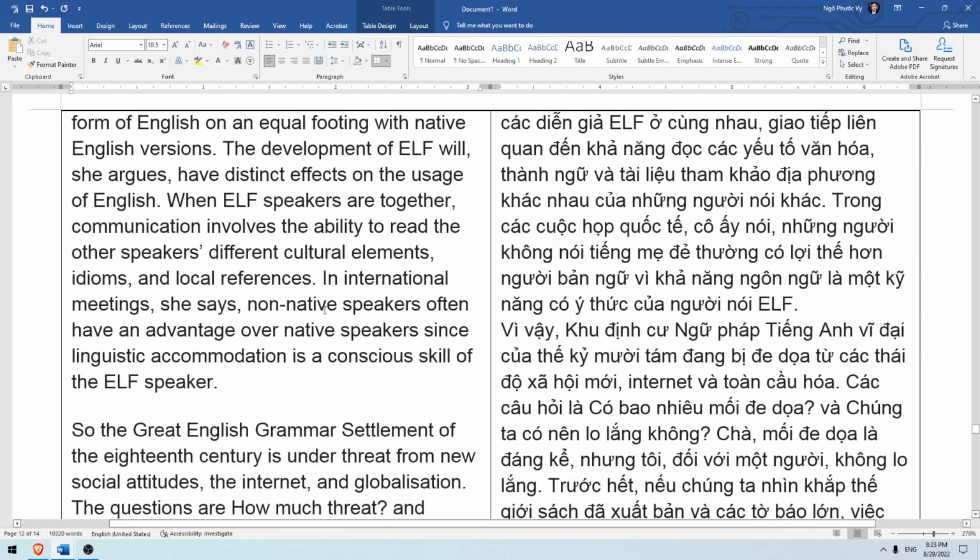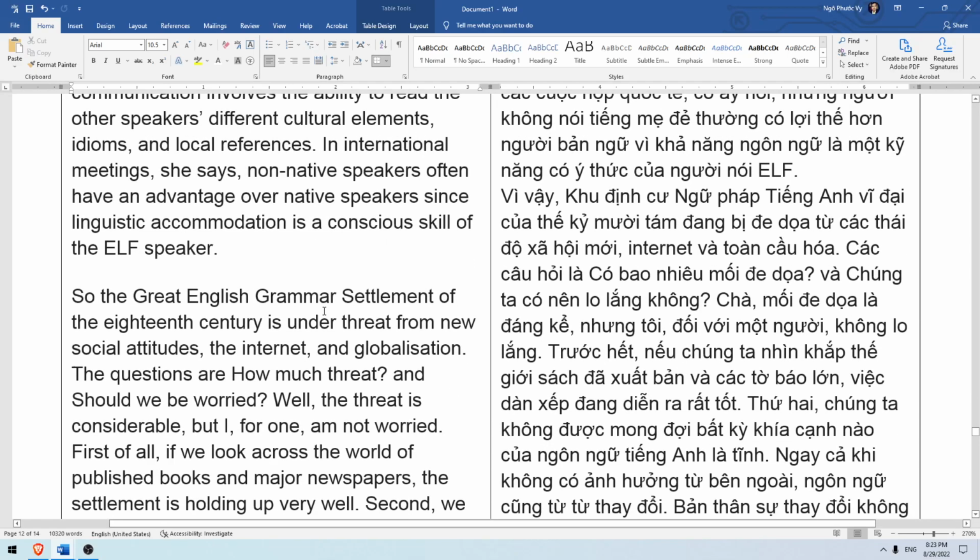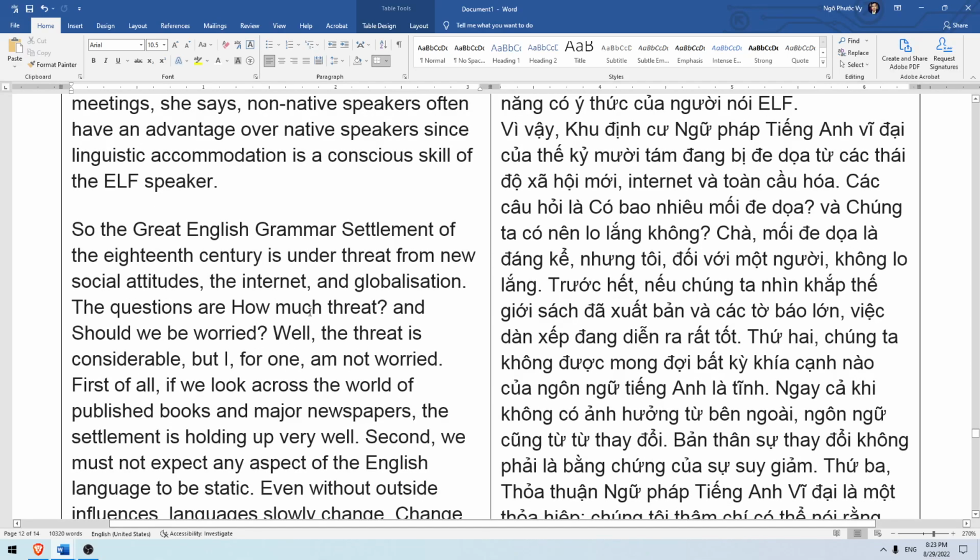When ELF speakers are together, communication involves the ability to read the other speaker's different culture elements, idioms, and local references. In international meetings, she says non-native speakers often have an advantage over native speakers since linguistic accommodation is a conscious skill of the ELF speaker.